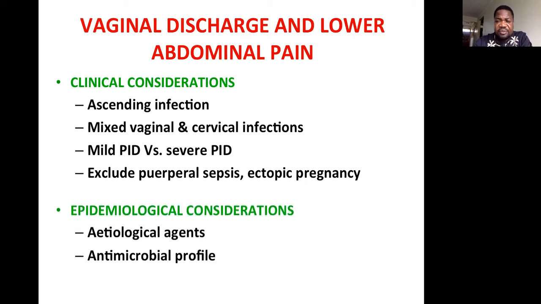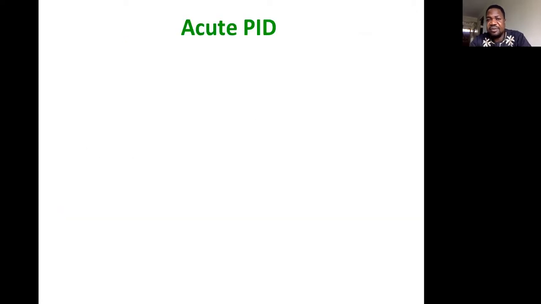You need to ensure that all those are excluded. Then you also need to know the exact etiological agent causing this condition by doing a number of tests and the antibiotic susceptibility profile, since the patient failed the initial treatment that you instituted.